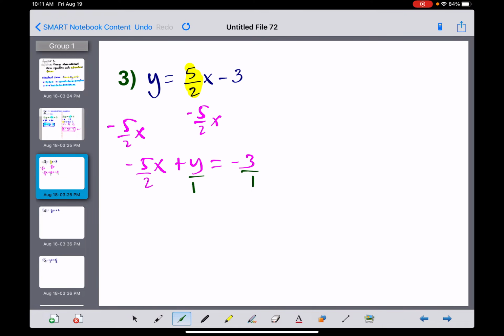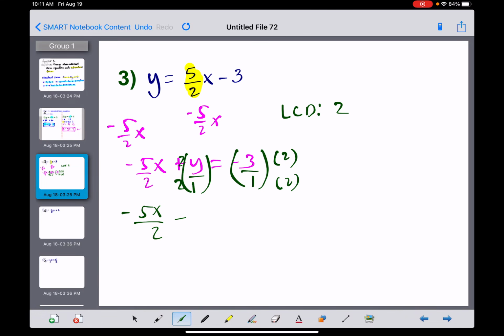What we're allowed to do is convert everything into the same denominator, and the LCD, least common denominator, is 2. So here we need to multiply by 2 on top, 2 on bottom. Here we multiply 2 on top, 2 on bottom. And the negative 5 over 2 x already has a 2, so we don't need to do anything. So negative 5x over 2 plus 2y over 2 equals negative 6 over 2.